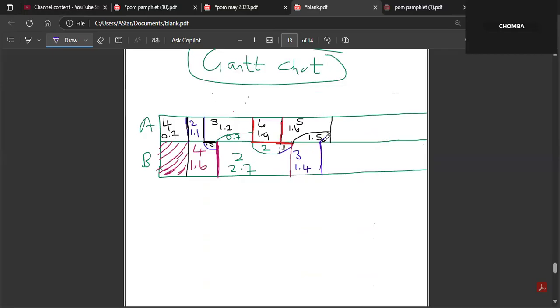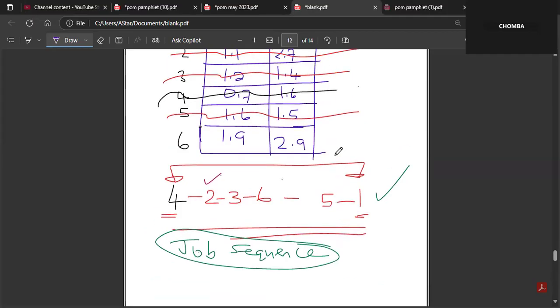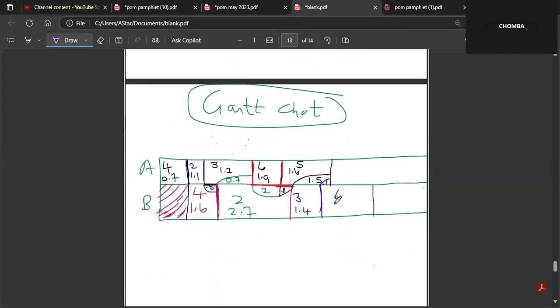You see 9? So job 6 is taking 2.9, meaning it will be taking 2.8 hours longer, from a 0.1 there.